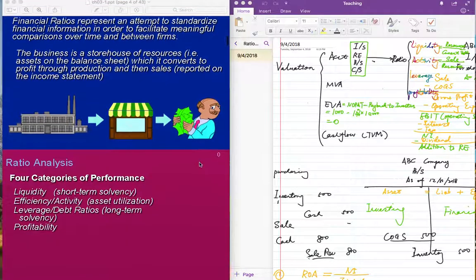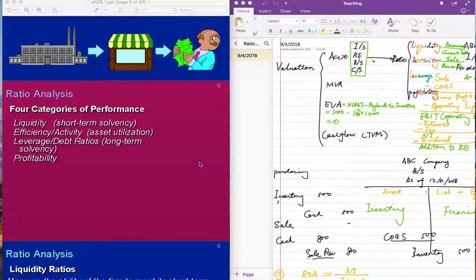And let's go on. There are 4 categories of ratio analysis used to measure 4 different perspectives of firm performance. We are to measure firms' liquidity, firms' efficiency, firms' leverage, and profitability. As you can see, the bottom line of a firm is profitability.